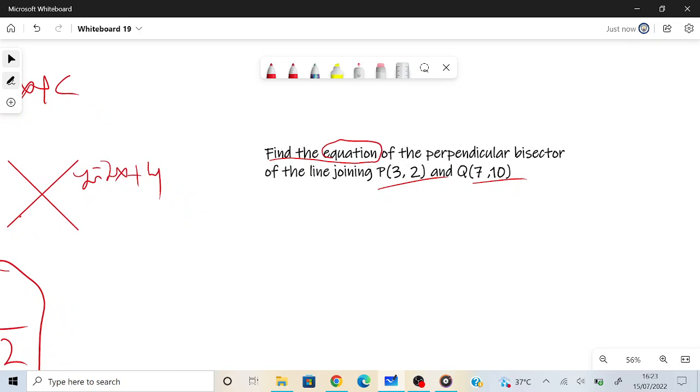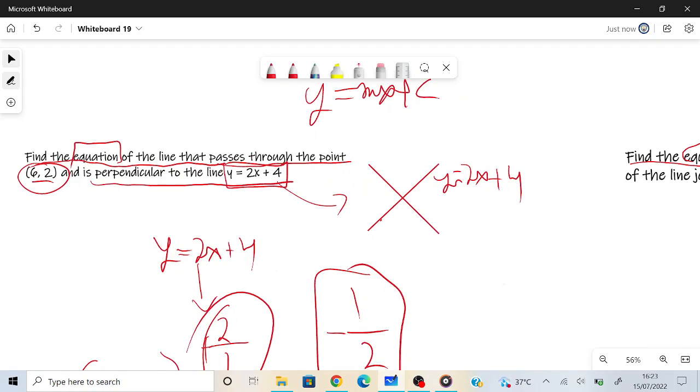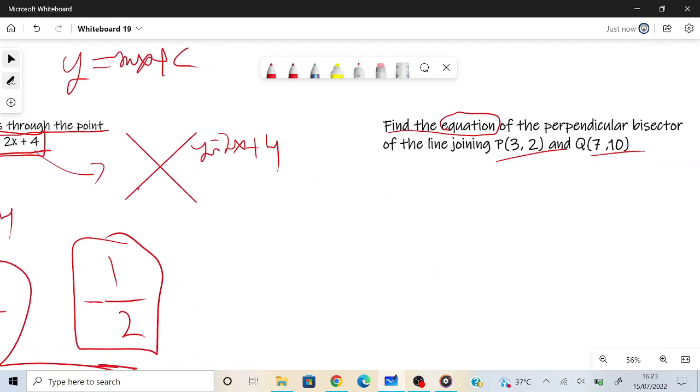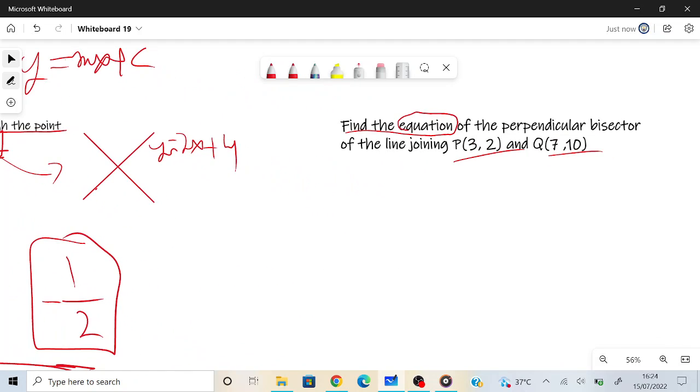So again, first things first, in this case we do not have the equation of the line, but we can always find it. So first, let's find the gradient. We know gradient is y2 minus y1 over x2 minus x1, so 10 minus 2 all over 7 minus 3. Doing this, I have 8 over 4, and then I have 2.